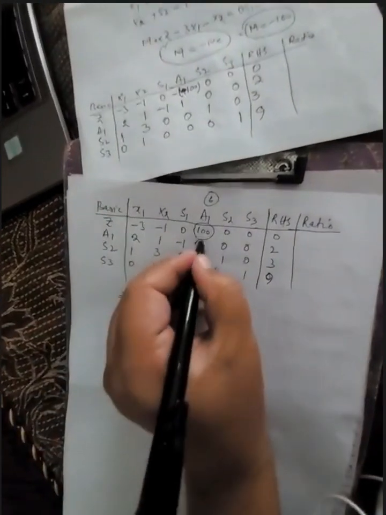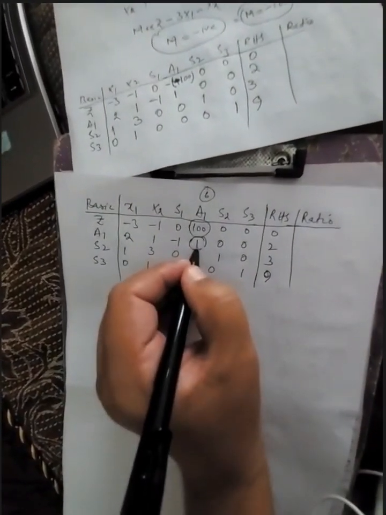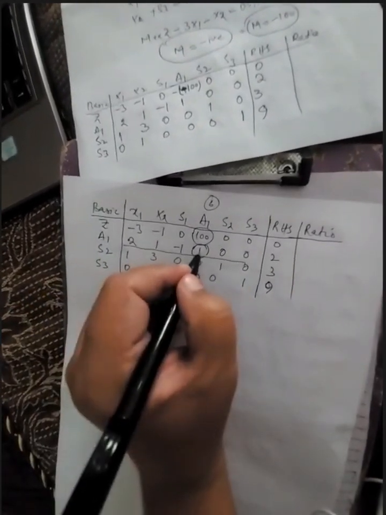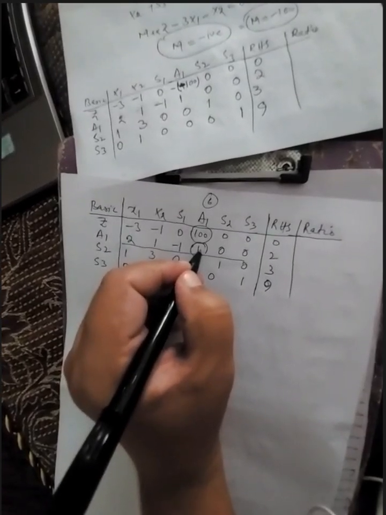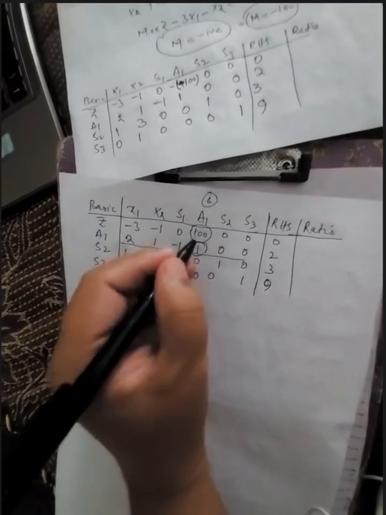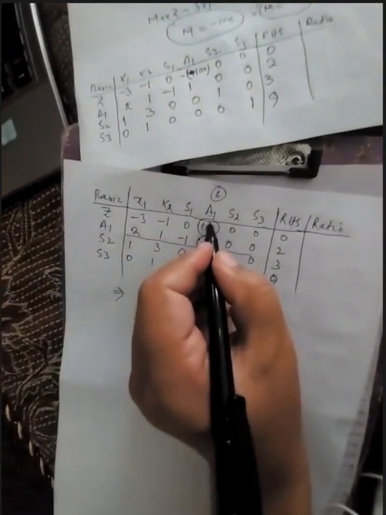Do you understand what I said? Because here we have 1. So if we multiply this row with 100, here we will get 100 value. And then subtracting this row from the Z row, we get a new Z row with this element equal to 0.